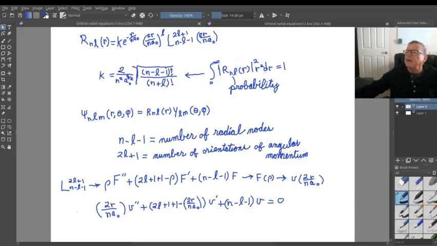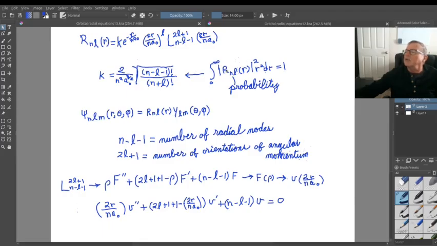This looks very complicated. I've got this square root of those factors. Now notice this is a little different maybe than what you were expecting. All of this coefficient satisfies the following.